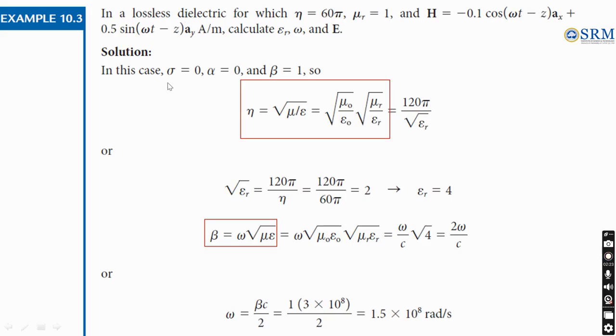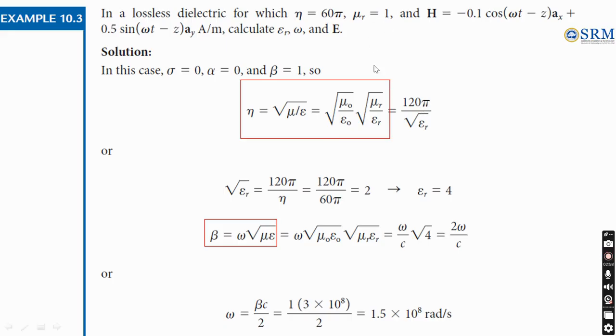So in lossless dielectric, we know conductivity is 0, so alpha is 0 and beta equal to 1. Okay, and with that we know eta, the intrinsic impedance, is root of mu by epsilon. So mu is nothing but mu naught into mu r, and epsilon is epsilon naught into epsilon r, inside the root. And we know that root of mu naught by epsilon naught is the free space intrinsic impedance, that is equal to 120 pi.